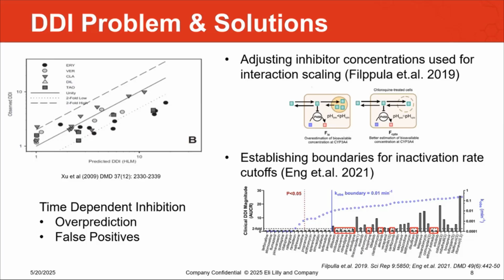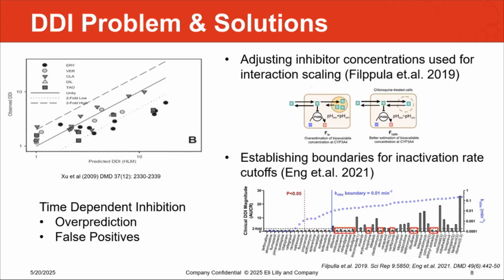When work is conducted in vitro in human liver fractions, we're just entering a concentration of the inhibitor. But in reality, with a cell, our inhibitor gets into the cell and then may be sequestered in lysosomes or other organelles, and the cytosolic concentration may be slightly lower. And so through in vitro work, you can actually determine that free cytosolic fraction and then correct the fraction of the drug that is actually exposed to the enzyme of interest.